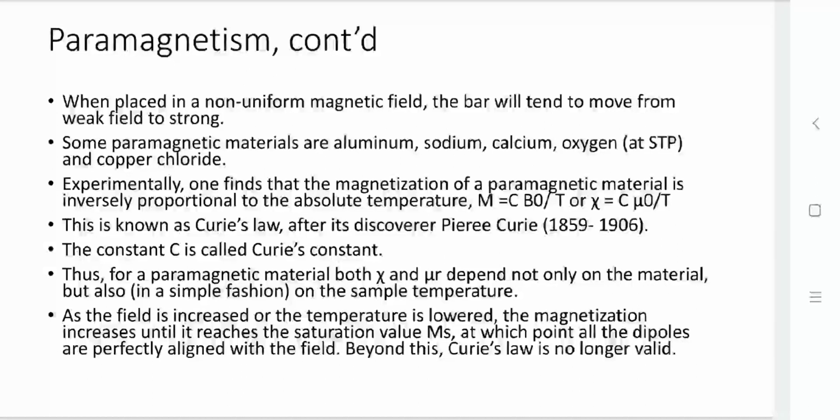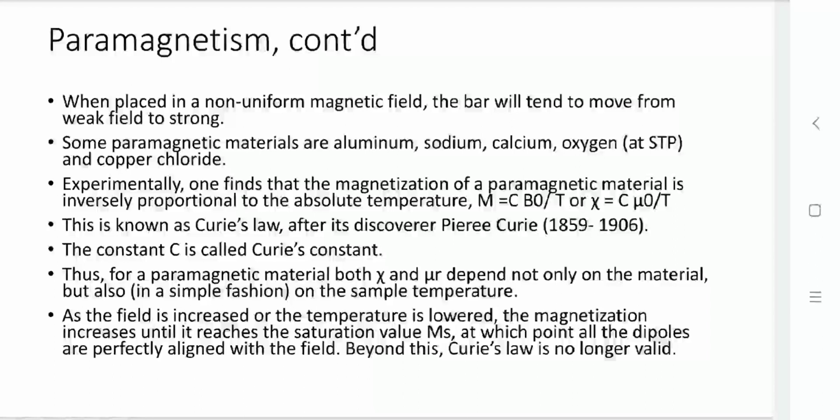Experimentally, we can find that the magnetization of a paramagnetic material is inversely proportional to the temperature. While doing experiments on paramagnetic material, it was observed that magnetization is inversely proportional to the temperature.